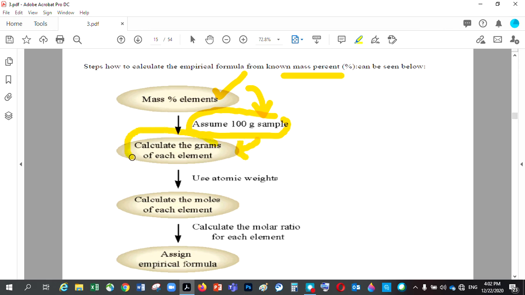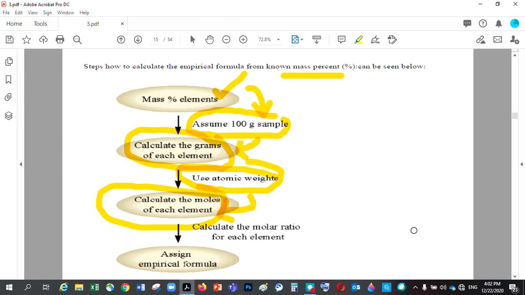I take those grams, use their atomic masses, and convert all those to the number of moles. Then I calculate the molar ratio between each element. Then I can get the empirical formula.